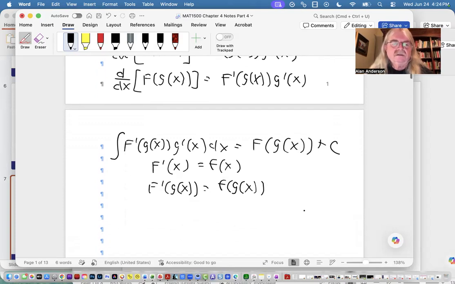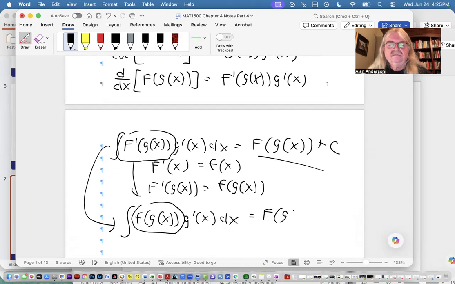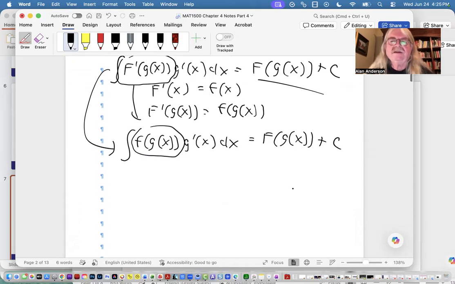Okay, so therefore, what this means is I can rewrite this piece, where I'm replacing this piece with this, equals therefore the same thing as I see here. Okay. So this is the heart and soul of everything that we're about to do.